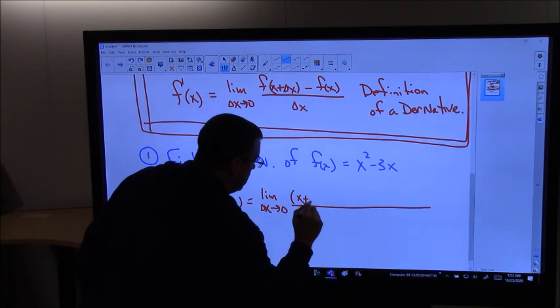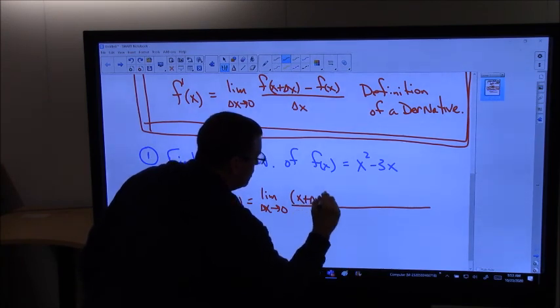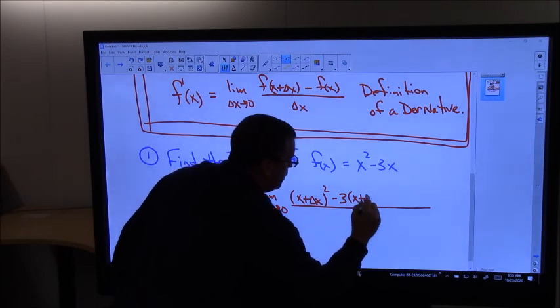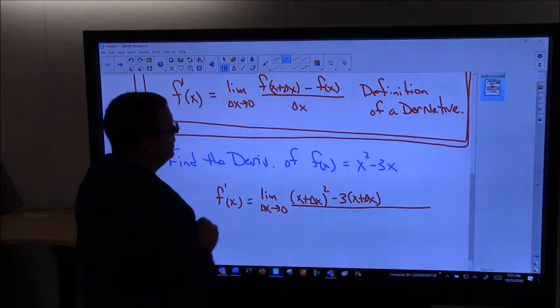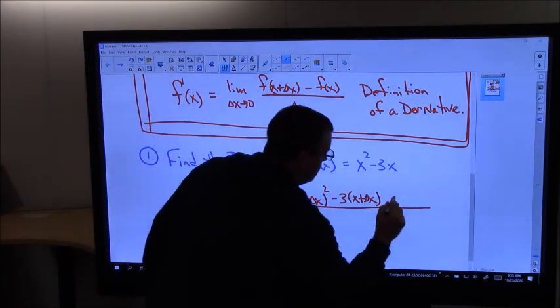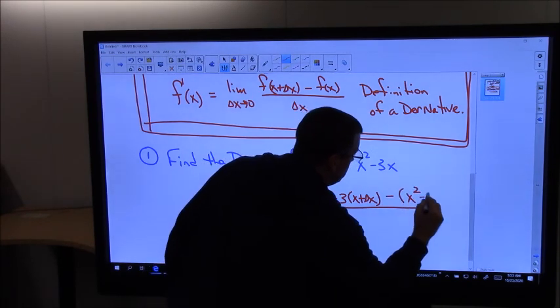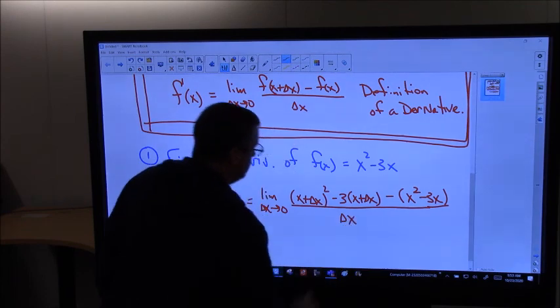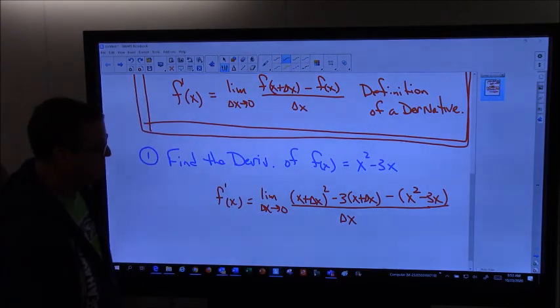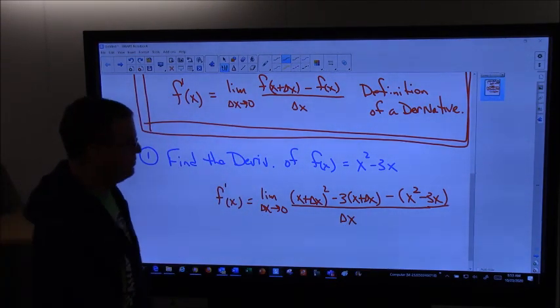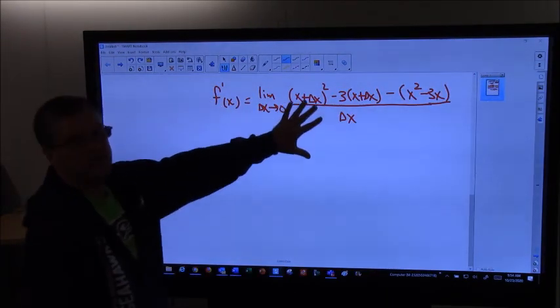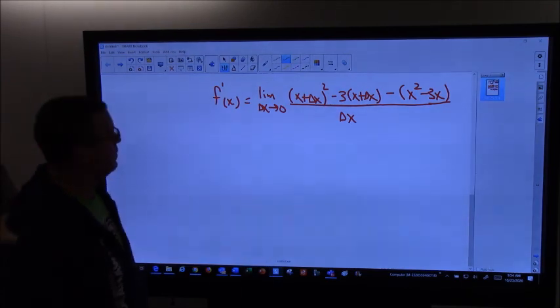I've got x plus delta x squared minus 3 times x plus delta x minus the original function, which is x squared minus 3x, all over delta x. And now I just got to figure out what that's equal to. See, at this point, we've already done this. We're good the rest of the way down.